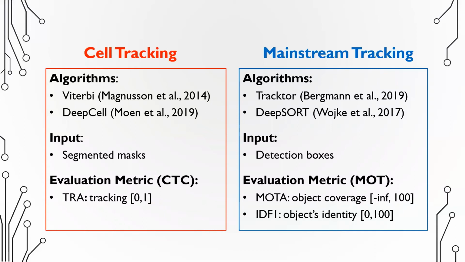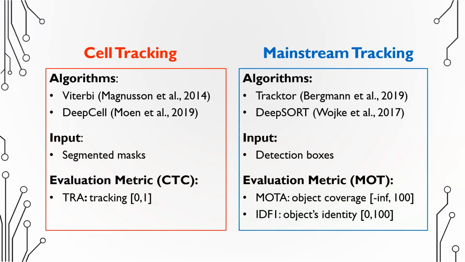Cell tracking algorithms typically only come with an inbuilt mitosis detection algorithm, which divides the cell track into 2 new cell tracks. One other difference comes in the form of input, and that is cell tracking algorithms require segmented masks, while the mainstream algorithms require detection boxes.